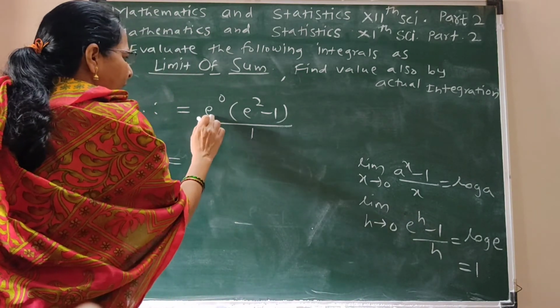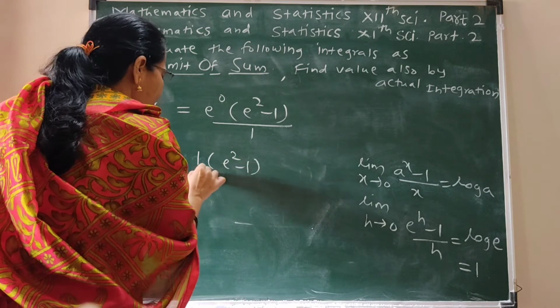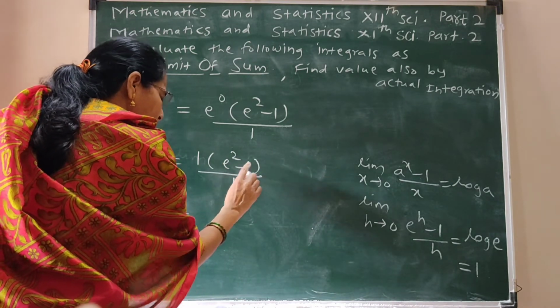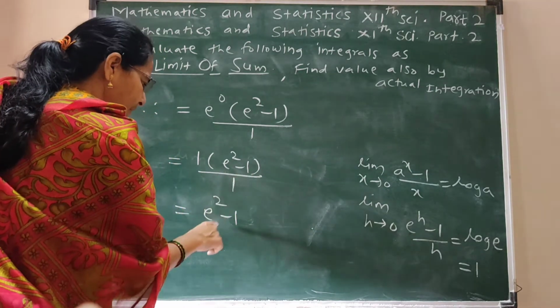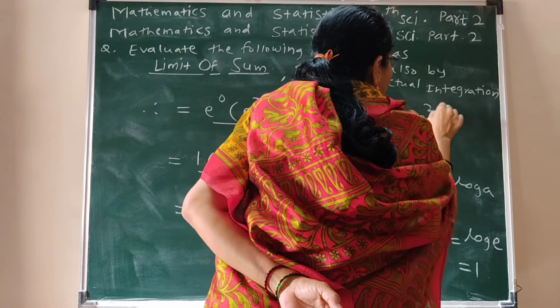You know that e^0 is 1. So we get 1 times (e^2 - 1) upon 1. The final answer is e^2 minus 1.